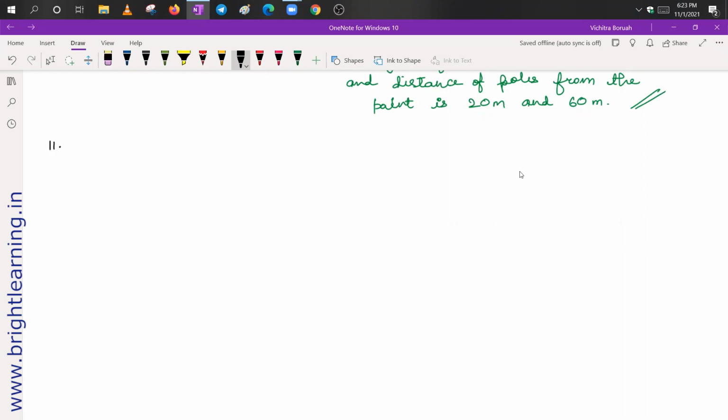So according to the figure, let us first draw the figure here. Suppose the figure is like this. Now from this point, the angle of elevation is given, that is 60 degree, and from this point the angle of elevation is given, that is 30 degree.